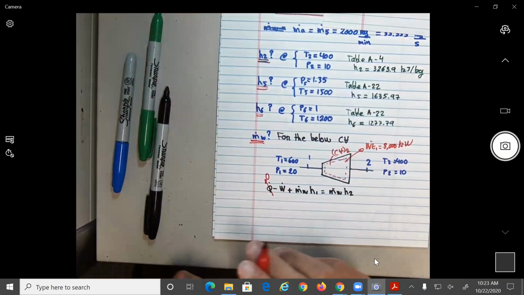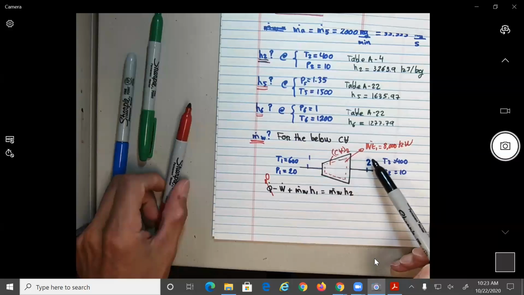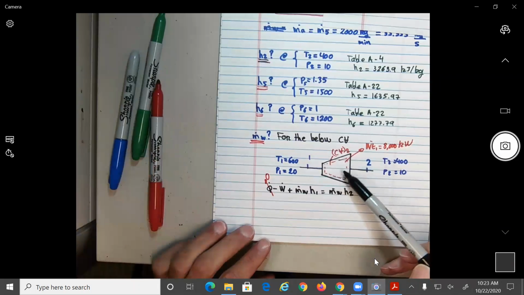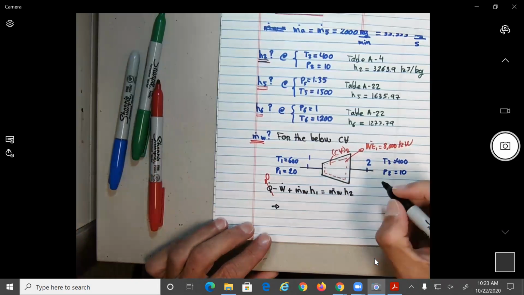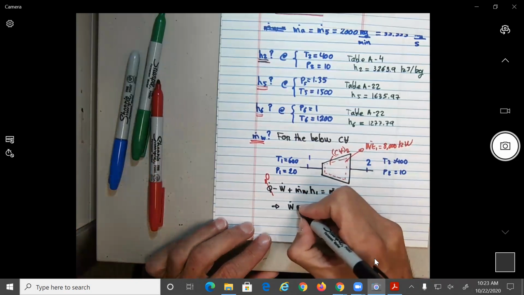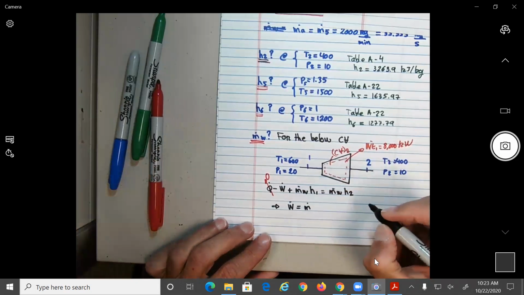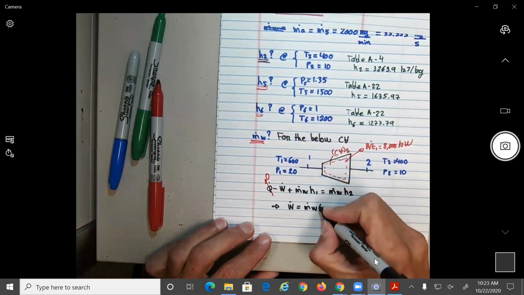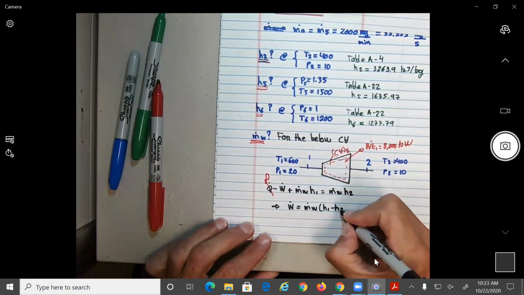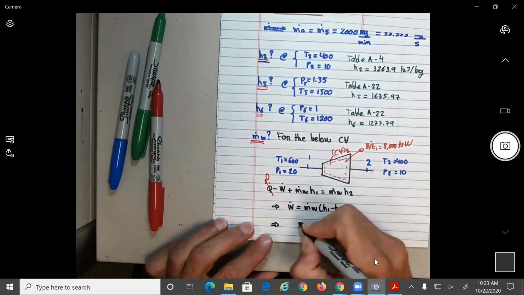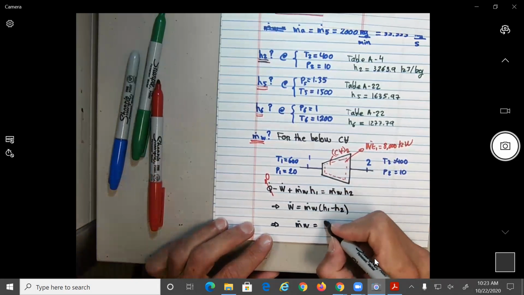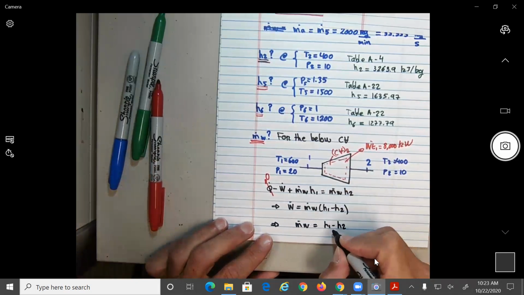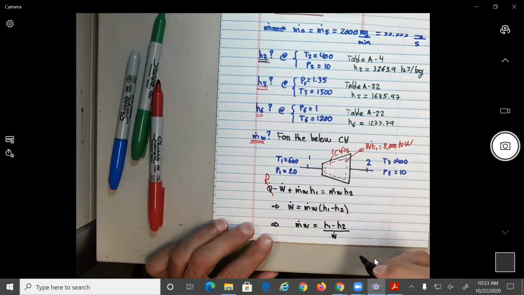The Q is equal to 0, but this W now is not 0, because the turbine gives power. So from here we can find, let's do that in 2 steps, power will be equal to M dot water H1 minus H2.